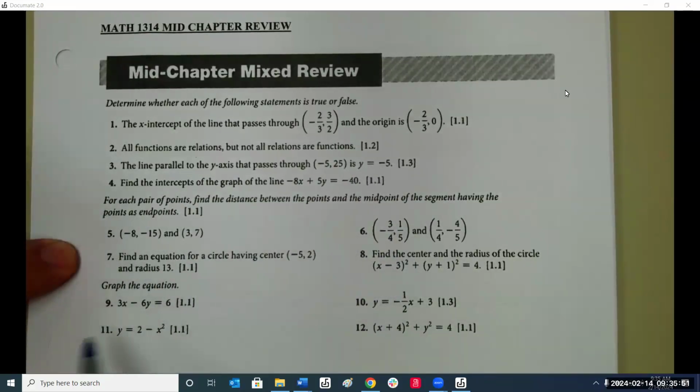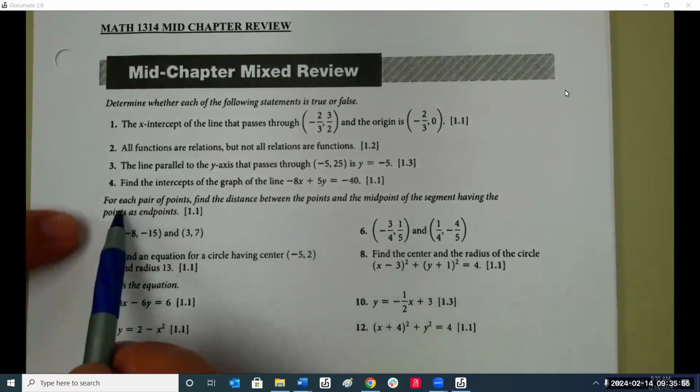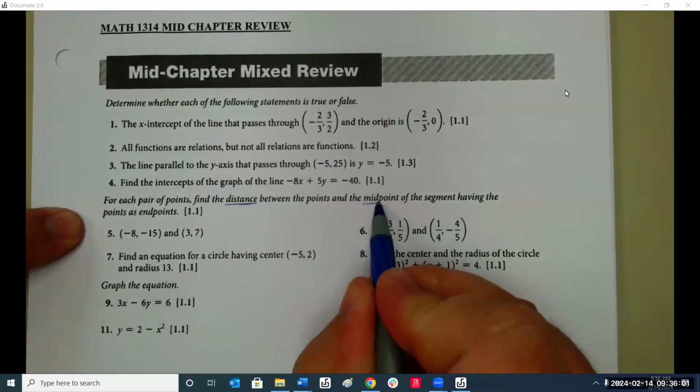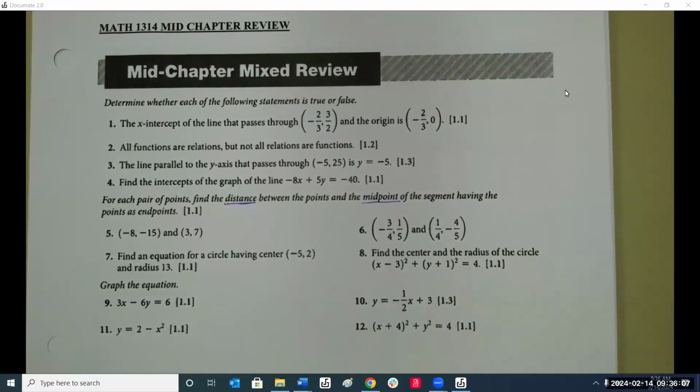Okay, the next four: for each pair of points, find the distance between the 2 points and the midpoints. And the last four, graph the equations. And this tells you what section they're from.